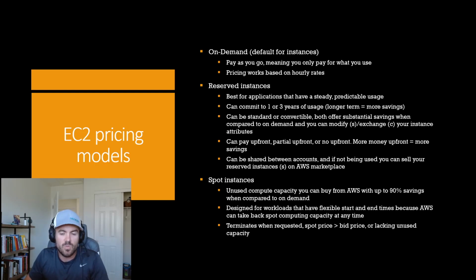Scenario 2 is when the spot price of spot instances is greater than your current bid price. Okay, that just means that the spot price is higher because there's maybe more demand, so other people are going to pay for a higher spot price, so they're going to take it back from you. Or if they're just outright lacking unused capacity for whatever reason, then they're going to reclaim that instance because they need it for someone who maybe is spinning up on demand or needs reserved instances.